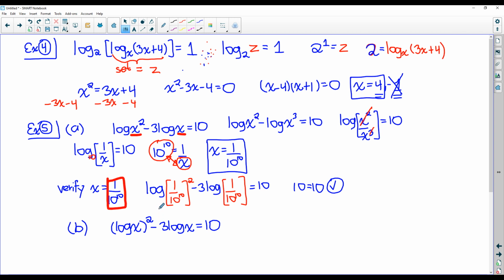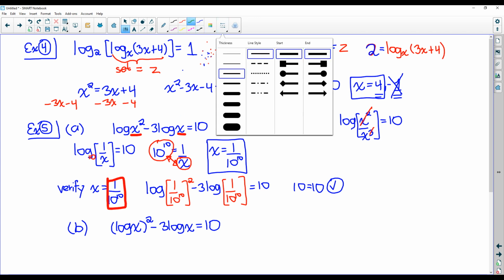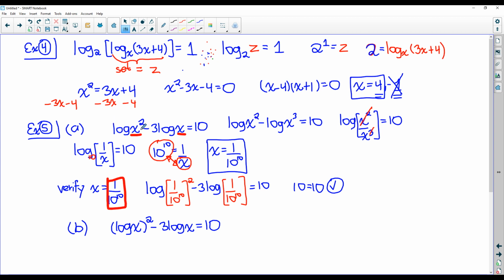Now, what it says here is explain why you cannot solve this equation using the laws of logarithms. Specifically, everything in the equation is the same except for this portion right here.